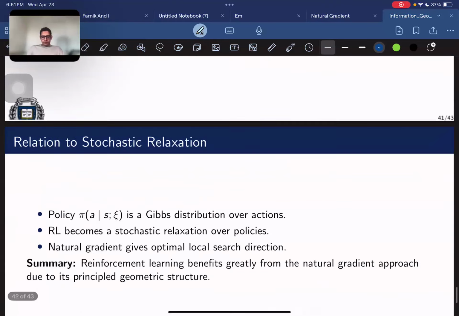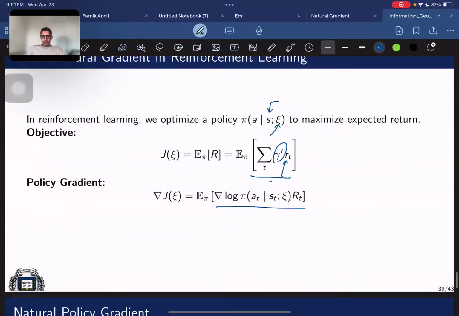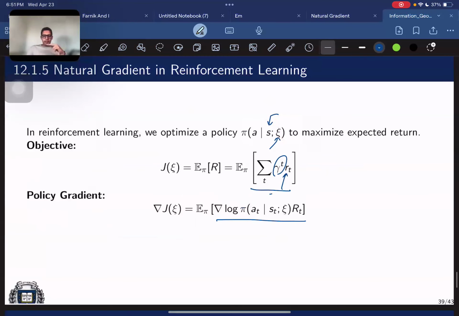So the material we had for today was considering two main algorithms, the estimation and maximization algorithm, and the other was the natural gradient.